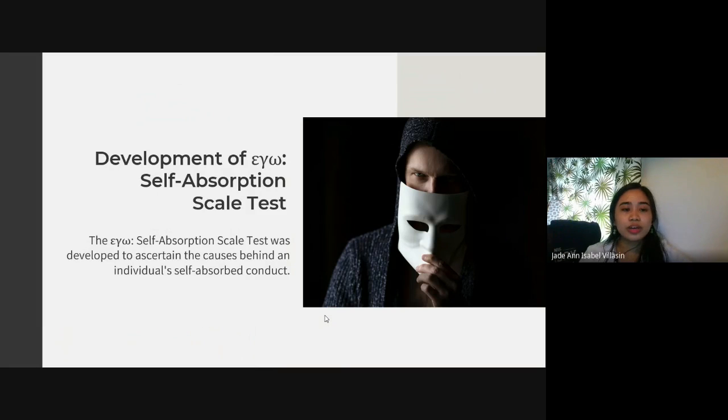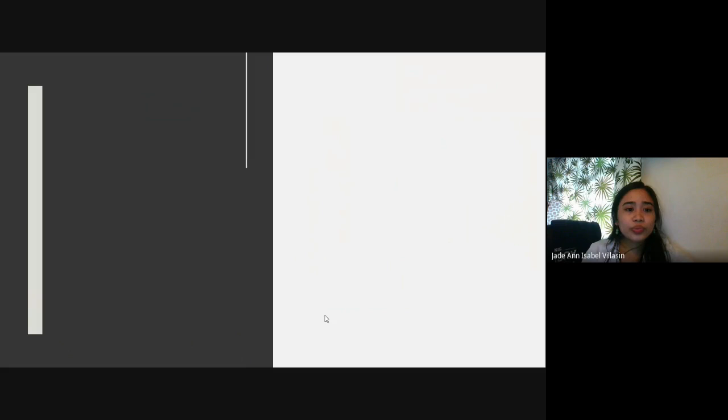So moving on, we will now talk about the development of the EU self-absorption scale test. Of course, we didn't just create it right away like a finished product. There's a process that must be done in order to make it complete. Here we have phase one, the first stage, which is brainstorming and concept creation.